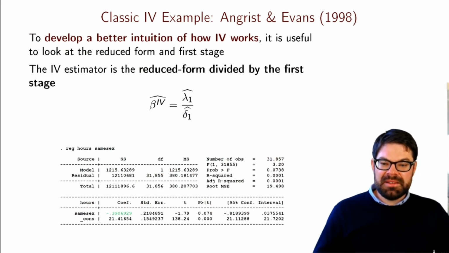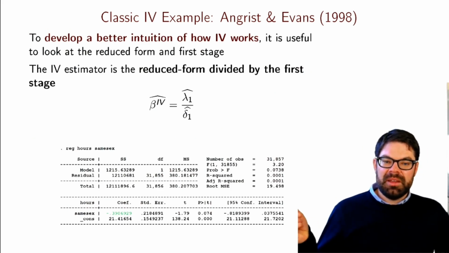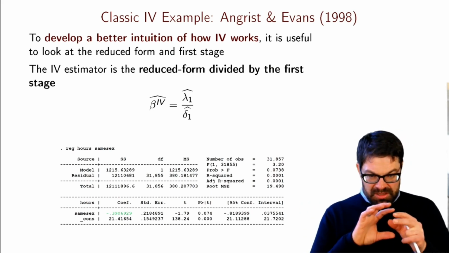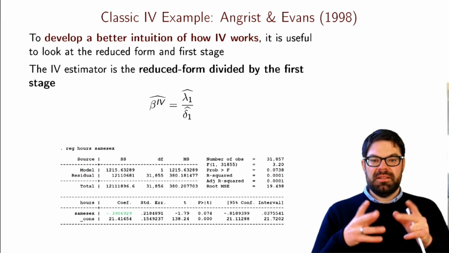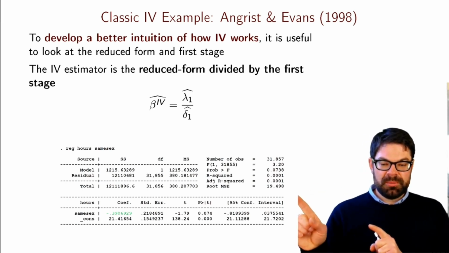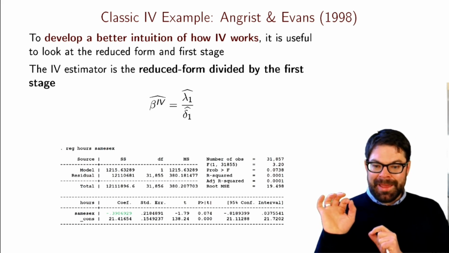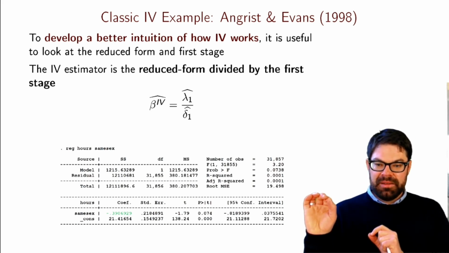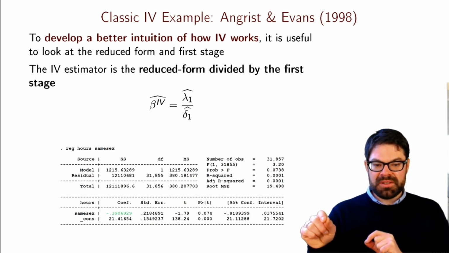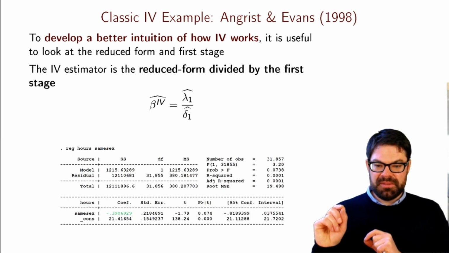Now, what's behind this? Again, let's just think about the interpretation of the IV using the intention to treat, or the reduced form. So you can see here the reduced form. And here you see that the effect of having children of the same sex on work hours is negative and statistically significant.